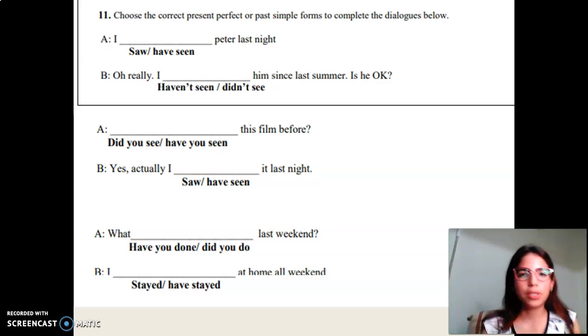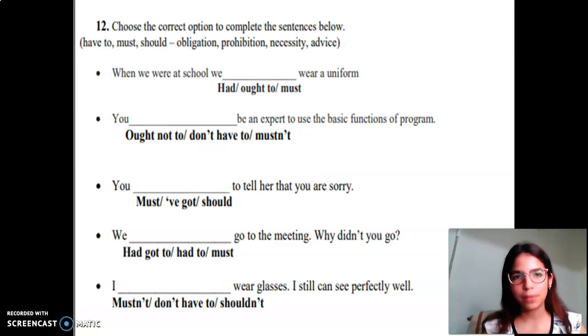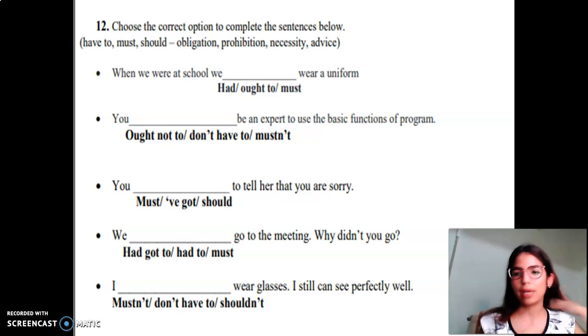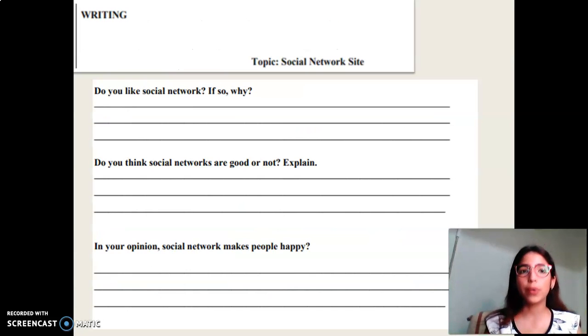Here we have some other exercises that are pretty similar. We have some others, but as you can see, it's to complete using some different words and different tenses. Here we have the writing that will let us know if the student is really capable of writing in a good way or communicating their ideas in a clear way.